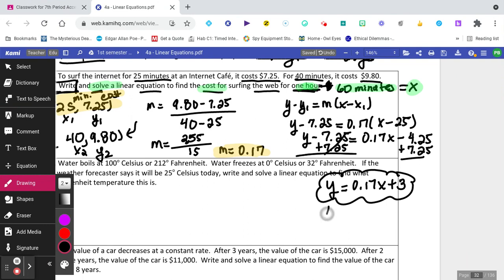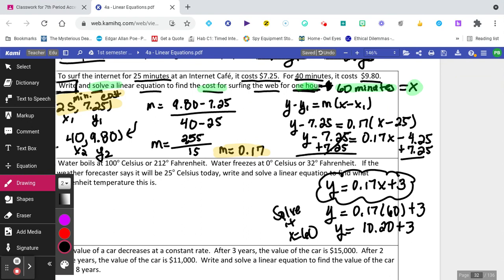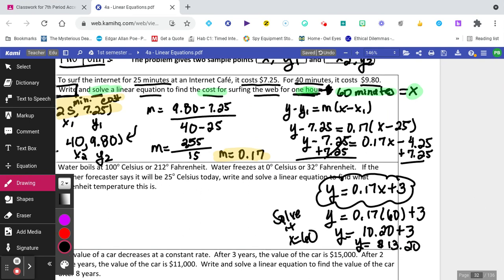Now I'm solving it when x equals 60. y equals 0.17 times 60, since it costs us 17 cents per minute, plus $3. So what's 0.17 times 60? It's 10.2, or like $10.20, guys. Keep in mind, y is money. So we're looking at $13.20. The cost for 1 hour will be $13.20.